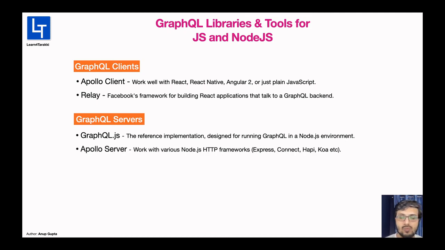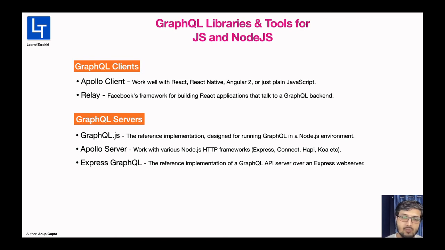Then we have Apollo Server, which is very popular and works with various Node.js HTTP frameworks. Apart from Express, it works with Connect, Hapi, and Koa. Then we have Express GraphQL, which we are going to cover in this series, the reference implementation specifically for the Node.js and Express combination. Then we have Mercurius, which works well with the Node.js plus Fastify combination.